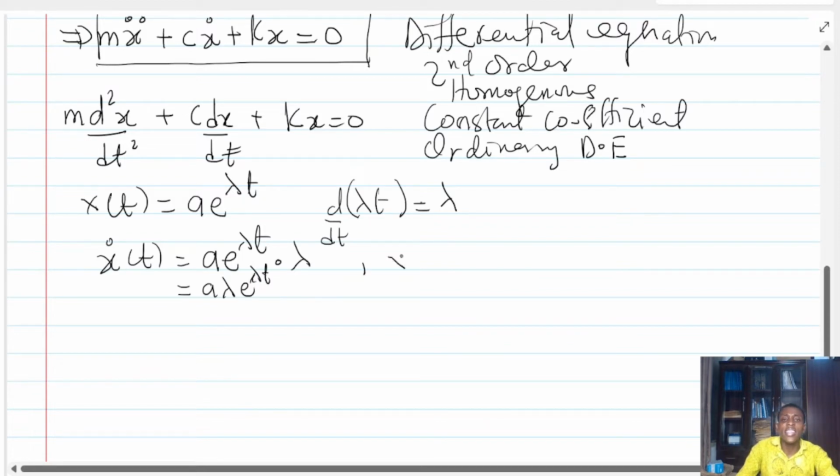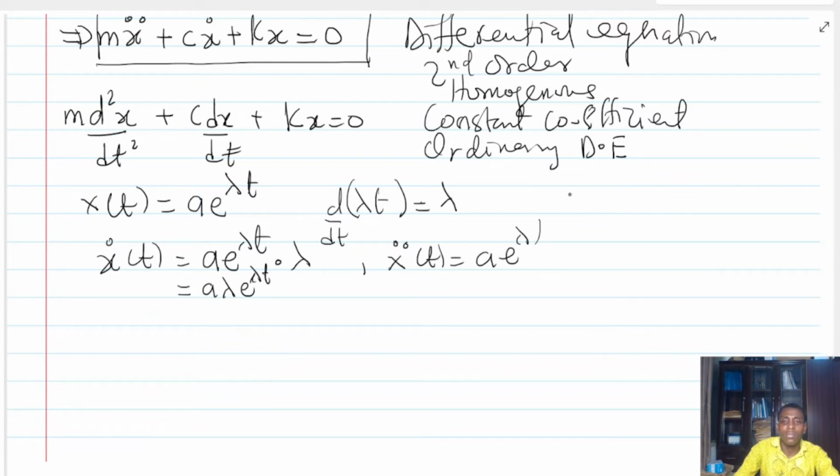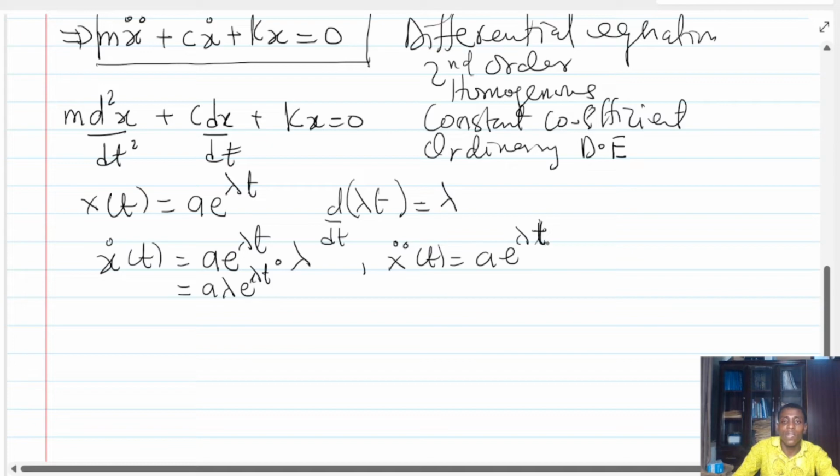And then for the second derivative, I'm going to copy and paste a lambda e lambda t again and multiply by the derivative. Then I will get a lambda squared e lambda t.